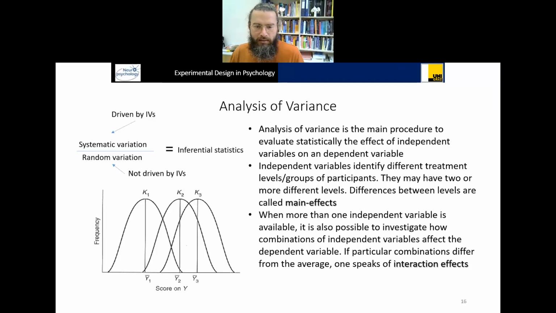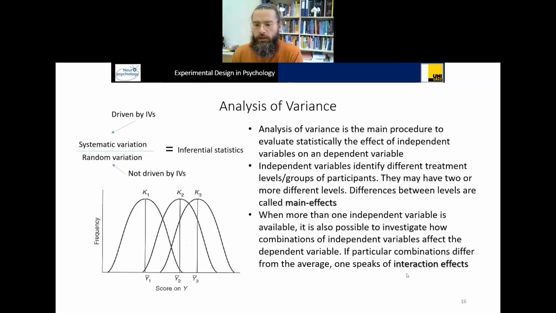And so the same effect of sex and success may not apply equally for the two levels of these factors, but they may be specific. And when this is the case, this can be naturally investigated in analysis of variance procedures. So they are just called interaction effects.